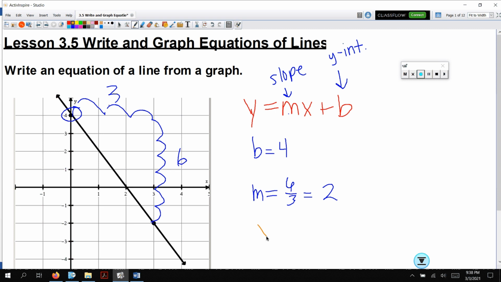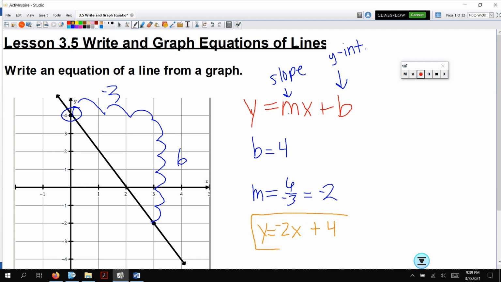And I have y equals 2x. Ooh, you know what? It is negative 2. I went to the left and I forgot. That would be negative here. My apologies. So y equals negative 2x plus 4.